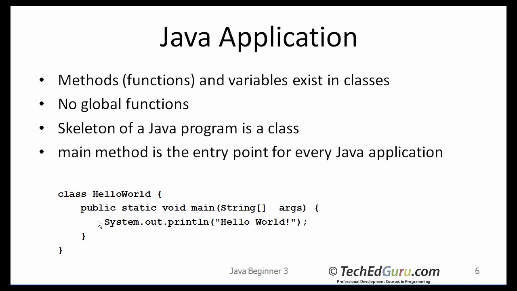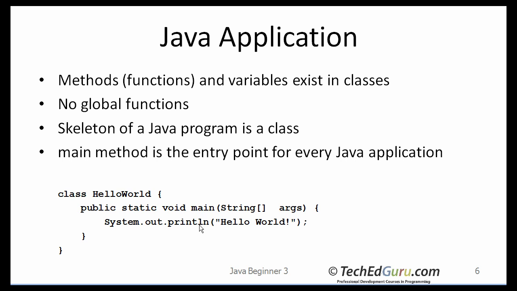So first of all, let's look at this statement. System.out.println hello world. System.out, think about System.out as the console object. It's a predefined console object. println is a member function that works on that object. Remember, Java doesn't have functions. Java does not have any global functions.